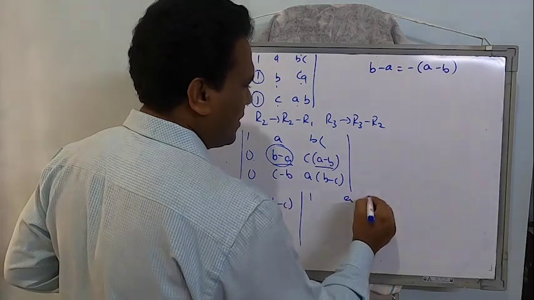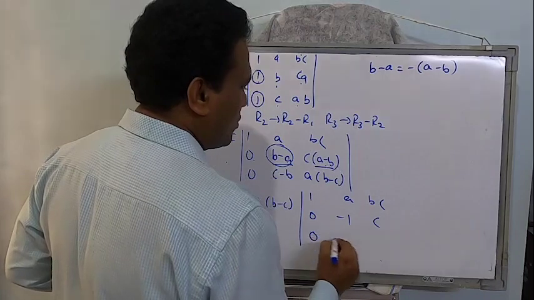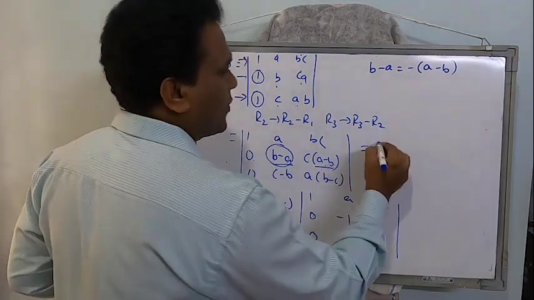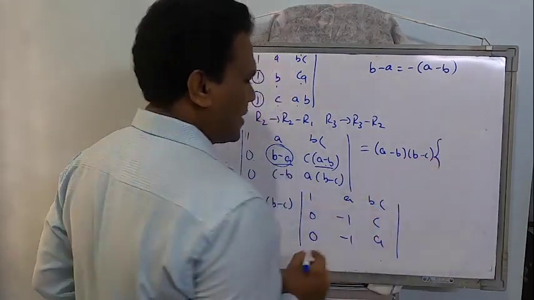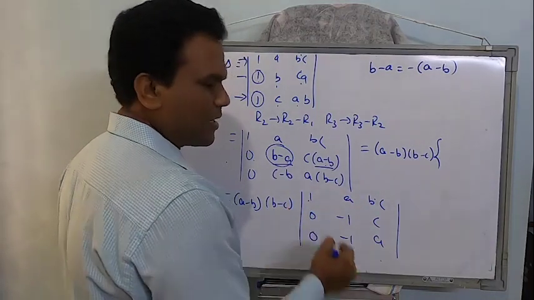So 1, a, b, c; 0, minus 1, c; 0, minus 1, a. The rest is to expand this. We got a minus b multiplied by b minus c, and the expansion should be done only for the first element, because if I go for these two, the expansions will become 0.